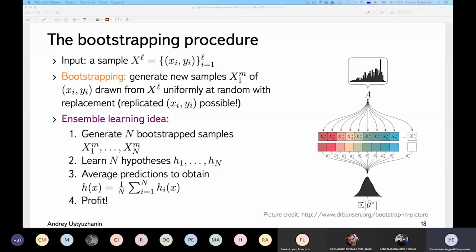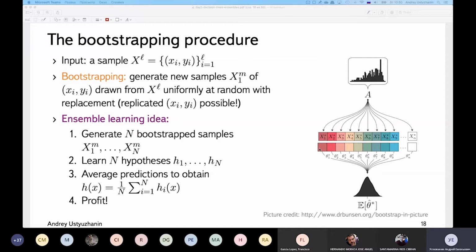It means that the same instance can go into our subsample more than once. Here is the illustration. We have an initial data set, and we subsample it into x1, x2, etc.